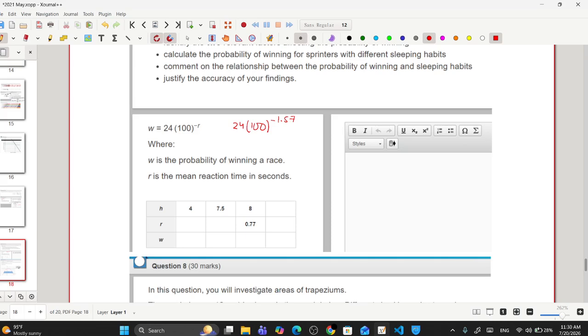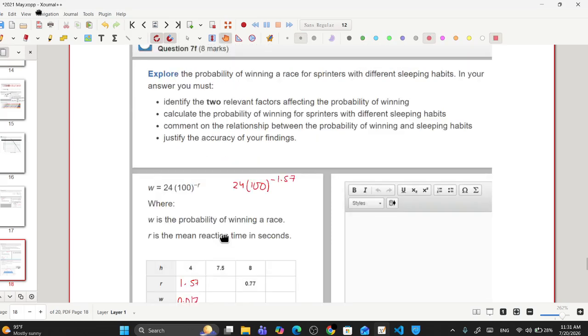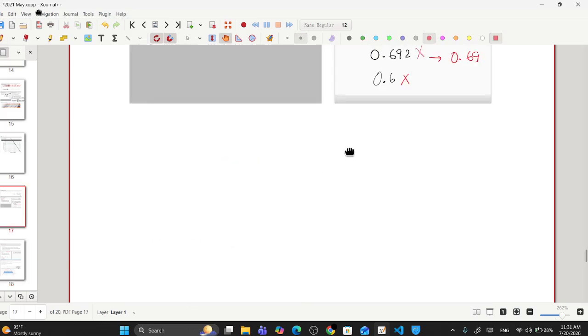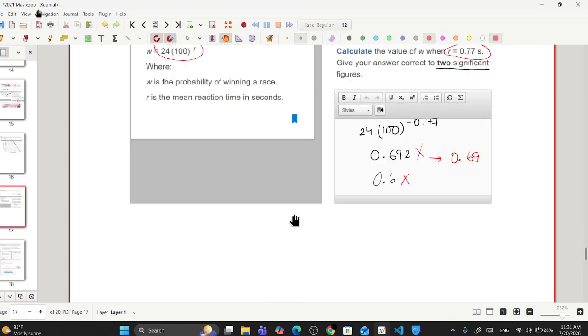If we solve this, we get an answer of 0.017 for the probability of winning the race. And when the value of H is 7.5, what was the value of R that we calculated above? 0.88.